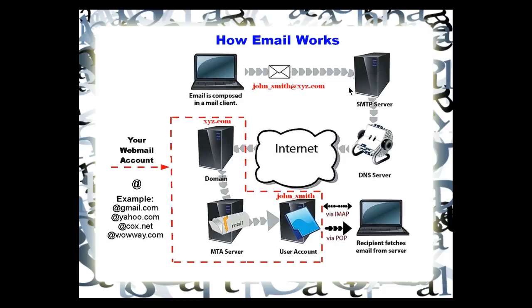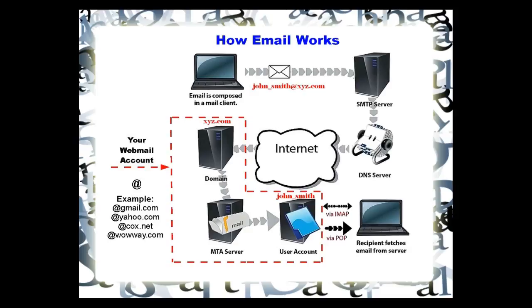So it goes to that server, and from there it goes to a DNS server. And the DNS server basically looks up the address, the xyz.com, to find out where that is, where it's being hosted, and where the mail has to be forwarded to. So it goes from the DNS server across the internet to the xyz.com domain server.